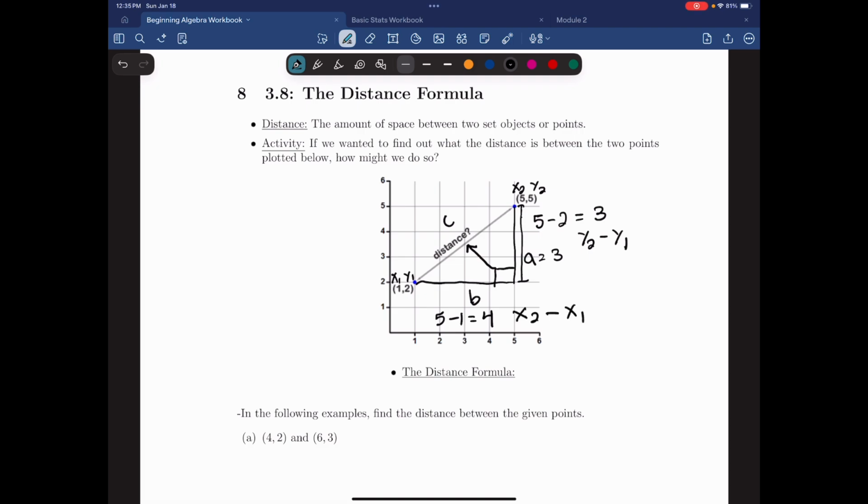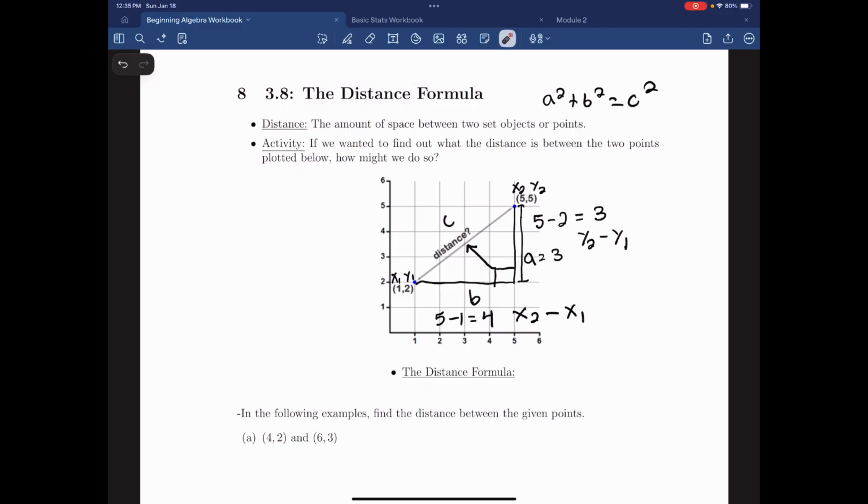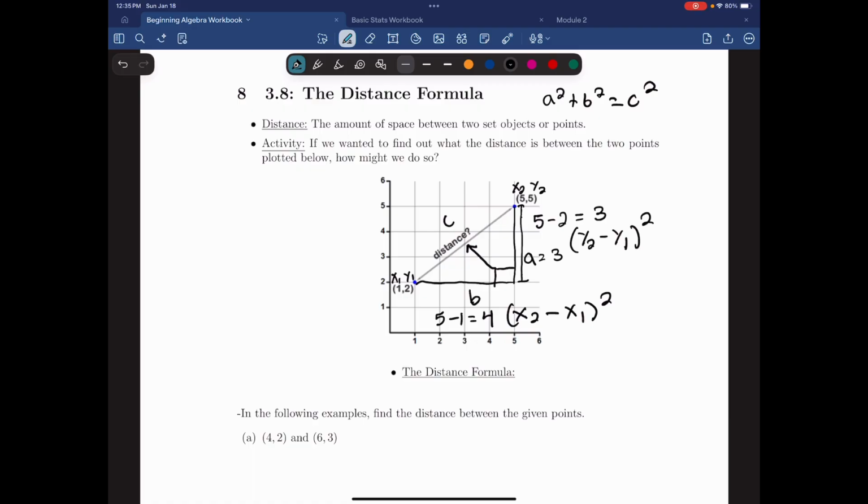But recall, the Pythagorean theorem is a squared plus b squared equals c squared. So this is side length b, but b is squared. So we're going to need to square this whole thing. And same thing here, we need to square that whole thing.